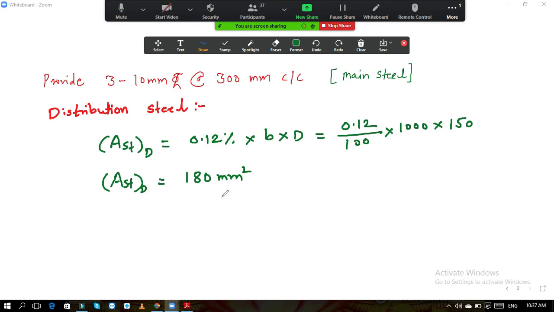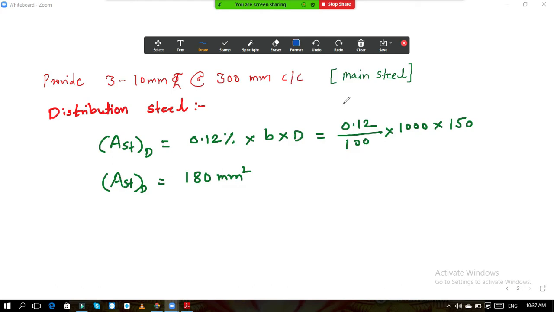Okay. So for the distribution steel, we will assume 8 mm diameter bars. So the number of bars we will calculate.